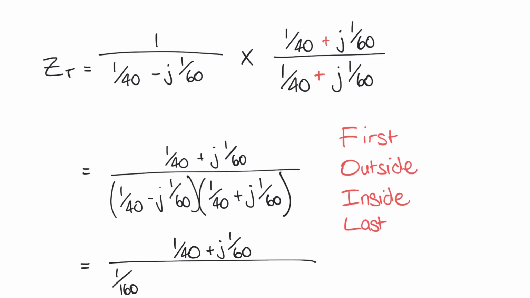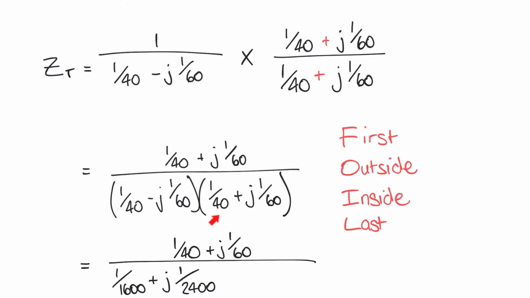1,600. The outside two terms, or the outermost terms, are the 1 over 40 multiplied by j 1 over 60. And here we get j 1 over 2,400. Inside, or the innermost terms, we have minus j 1 over 60 times 1 over 40.